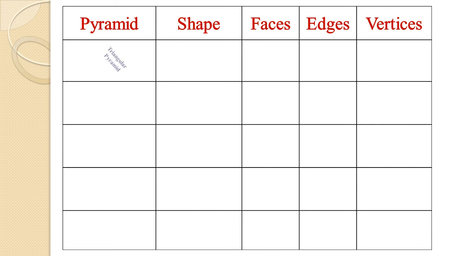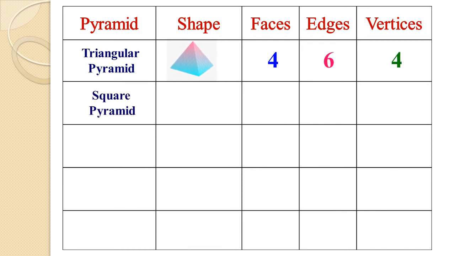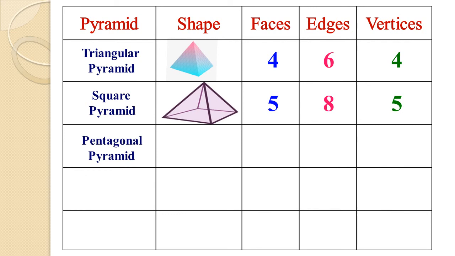The first one, triangular pyramid. It has 4 faces, 6 edges and 4 vertices. Next is a square pyramid. It has 5 faces, 8 edges and 5 vertices. Next, a pentagonal pyramid. It has 6 faces, 10 edges and 6 vertices.